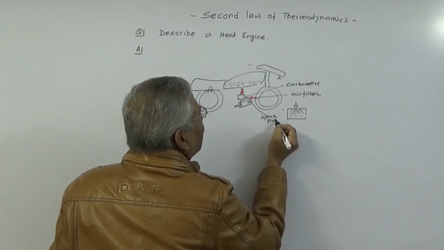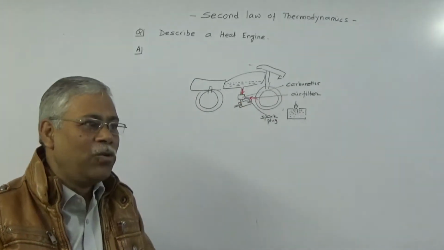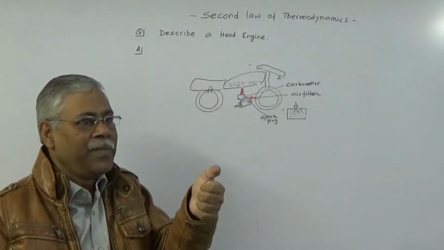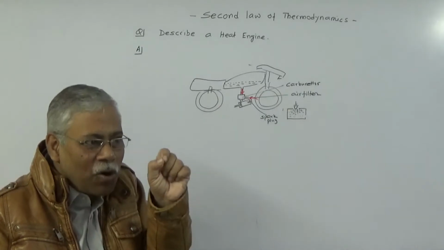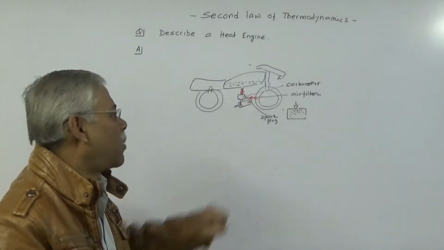The spark plug will produce a spark at regular intervals. This is the type of spark that you find in your gas burner lighter. A small tiny spark is produced. That type of spark will be produced in the spark plug.